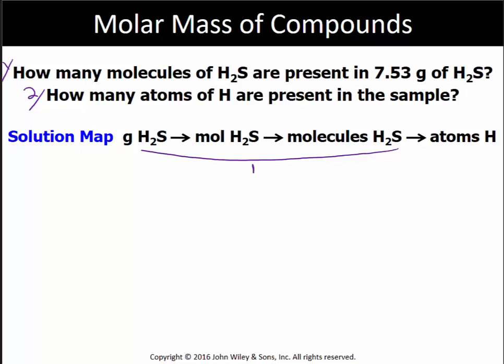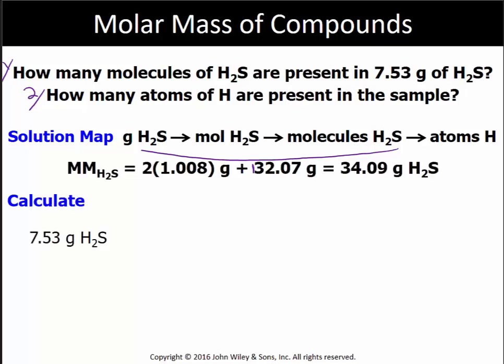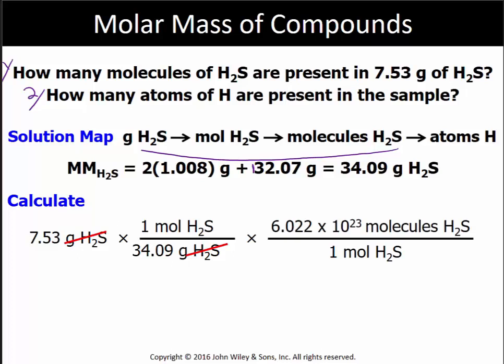So in order to solve this, you're going to need the molar mass of H2S. So you have 7.53 grams of H2S. Each mole is 34.09 grams. And then we know that each mole contains Avogadro's number of H2S molecules. So that gives us 1.33 times 10 to the 23 molecules of H2S.